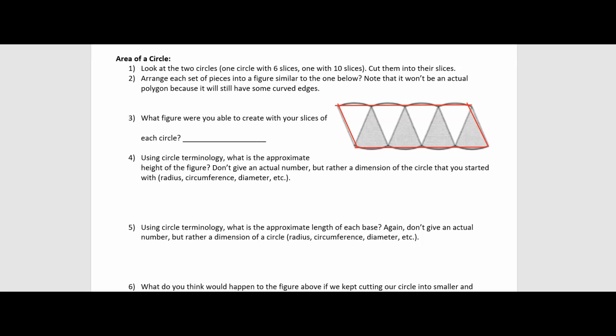You can imagine if you cut those into smaller and smaller slices, this curve became smaller and smaller. If you cut those into super small slices, to the naked eye you would probably not be able to tell that there were curves on the top and bottom bases of this shape, which turns out to be a parallelogram. So that would be the answer, a parallelogram. We know it's not a perfect parallelogram because there will still be some curved edges there, but it gets very, very close.